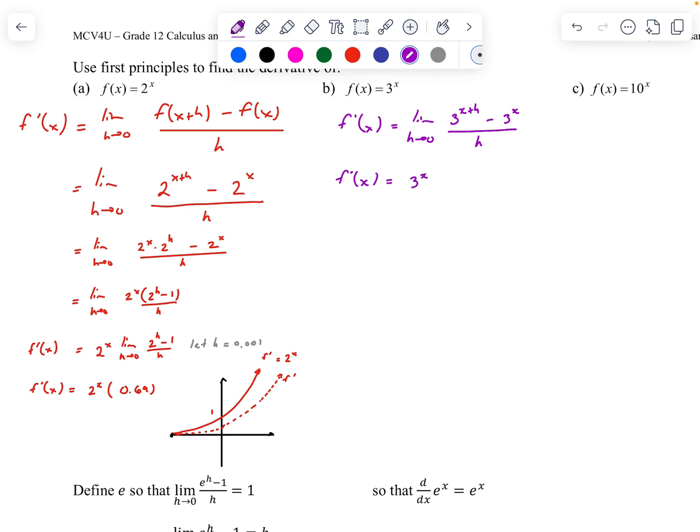This is 3 to the x times the limit as h goes to 0, 3 to the h minus 1 over h. And, again, take this number, make h equals 0.01, and you're going to get 3 to the x times 1.1, roughly.